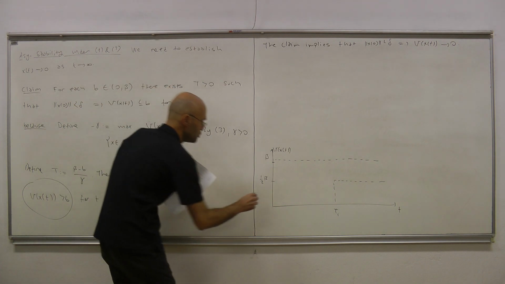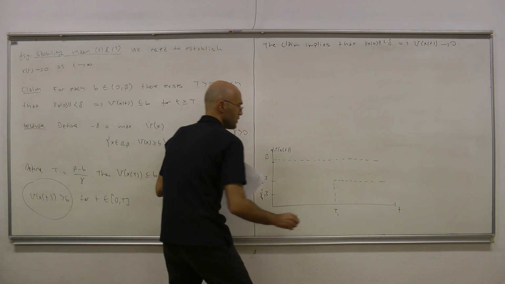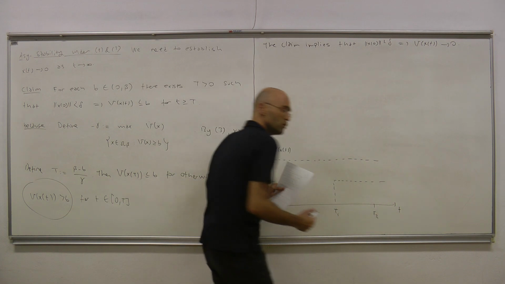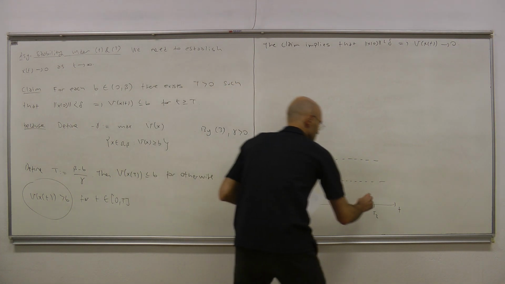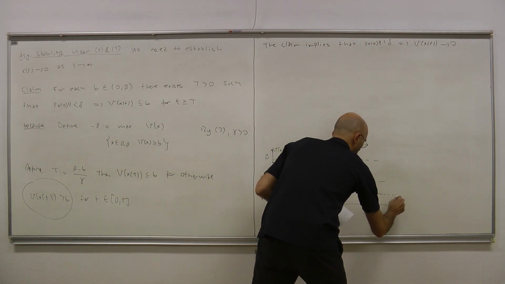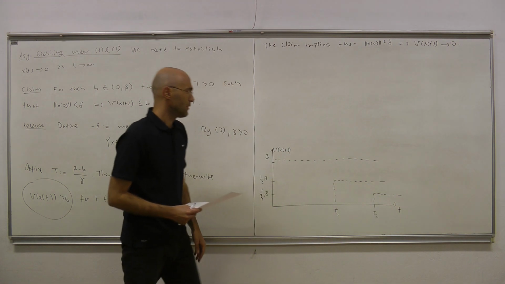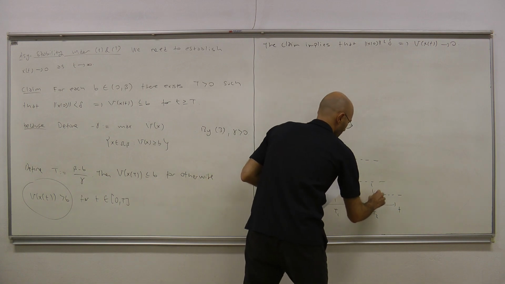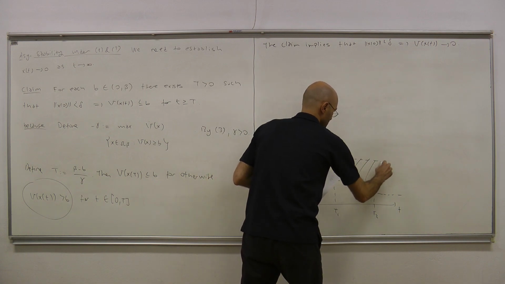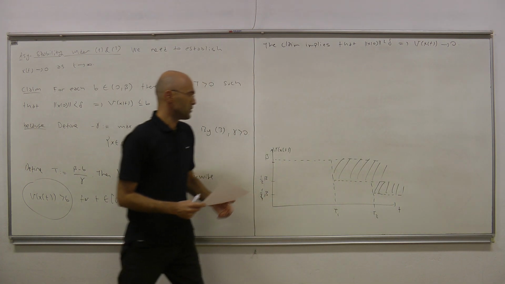And then choose now 1/4 beta. Then we can find some t2, which would be larger than t1. And after t2, v of x of t will be below that line. So that means this is a forbidden region, this is a forbidden region, and so on.